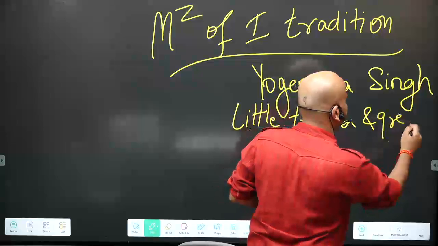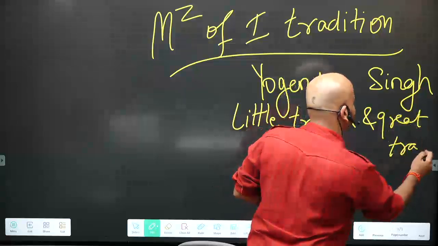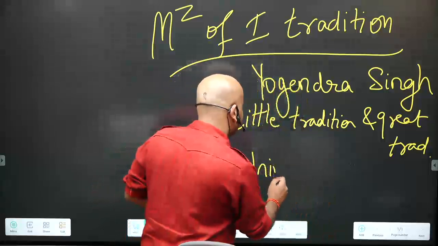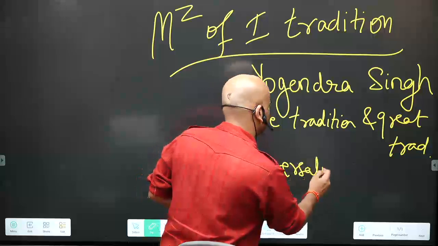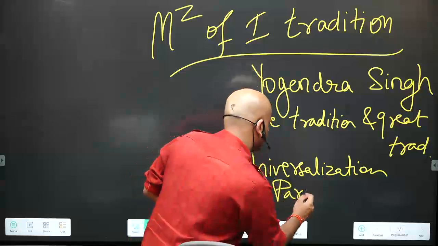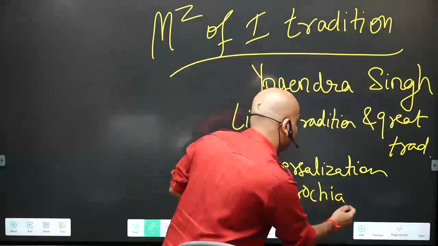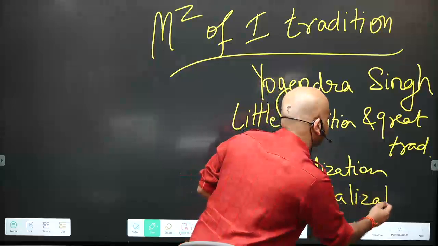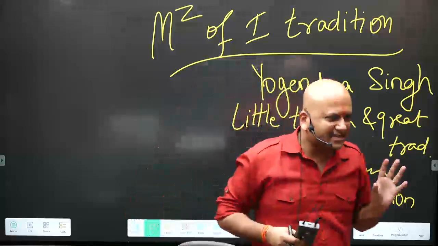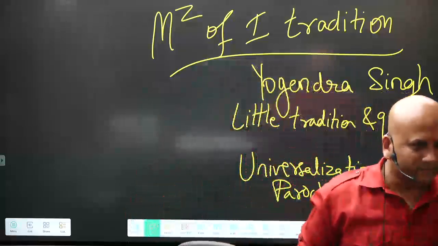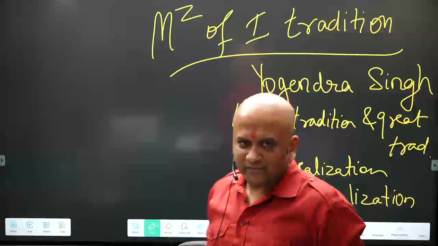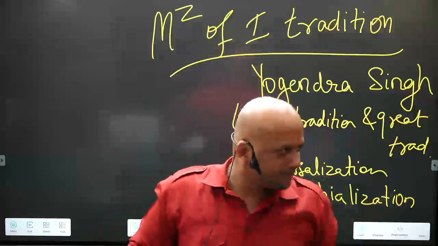And great tradition. इस नाम के कोई concepts थे. कोई concepts थे universalization, parochialization. This is not the proper place to explain them, but we will study them later. But all of them basically try to analyze the way Sanskritization does, with which you are intimately aware. They help us to understand the process of changes, the process of social change taking place in our society.